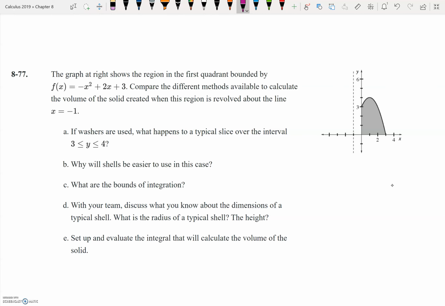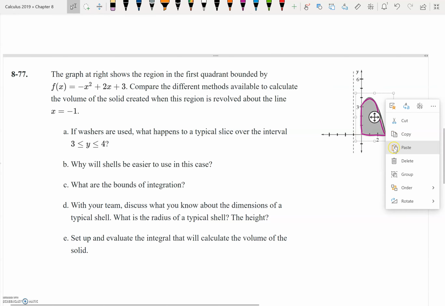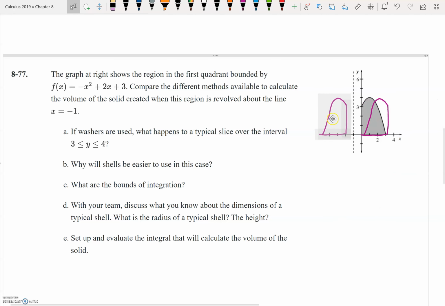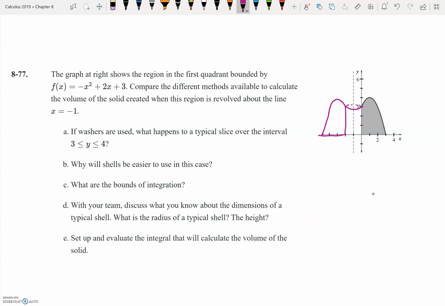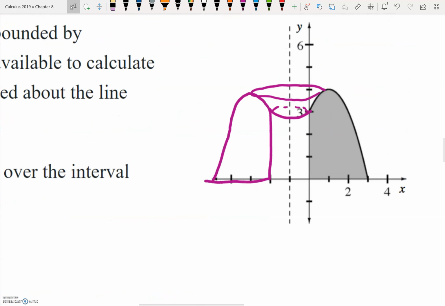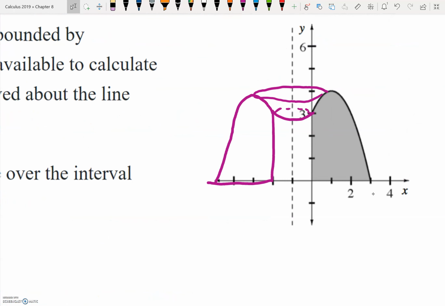So let's go ahead and sketch what this will look like. So we're going to, once again, copy over this here. Whatever, that looks good enough. Flip this guy over. And let's fix that up.